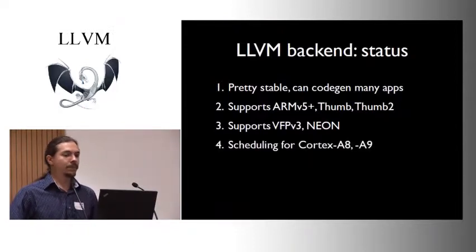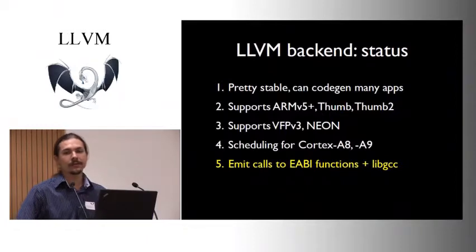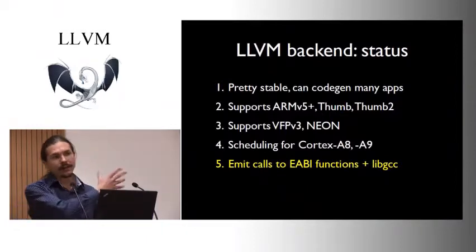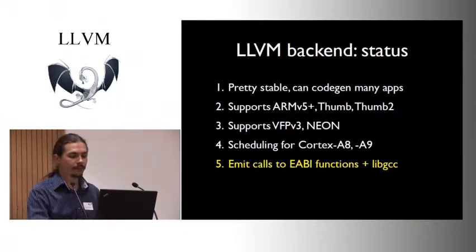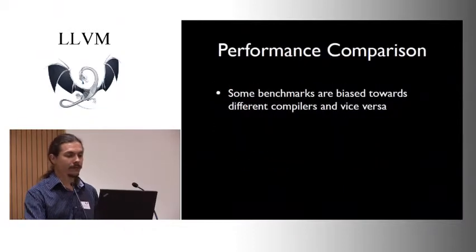We also have special scheduling for Cortex A8 and Cortex A9. Right now, the backend emits calls both to the libgcc functions and to the extended ABI functions, so stuff is a little bit messy here. And unfortunately, the JIT on ARM is completely broken as of now.